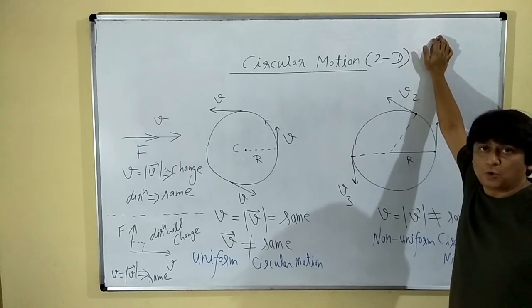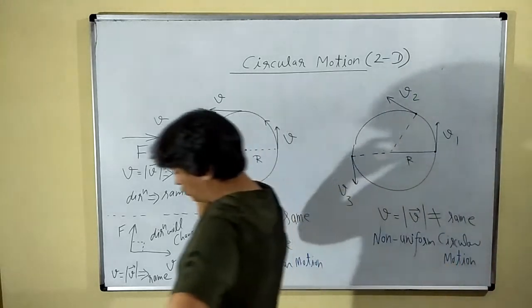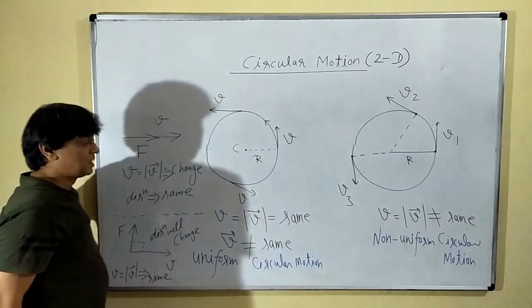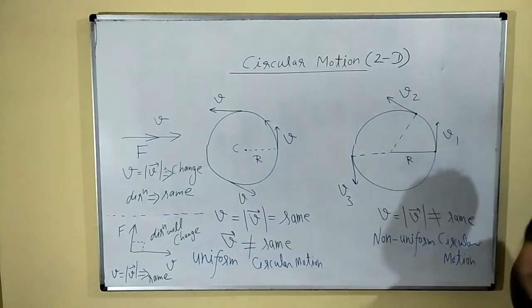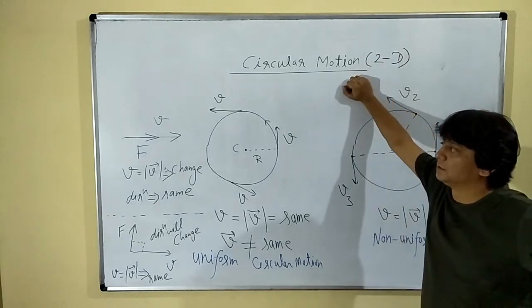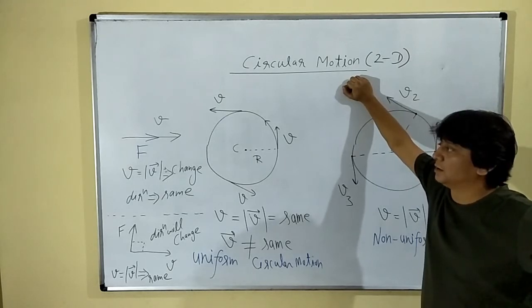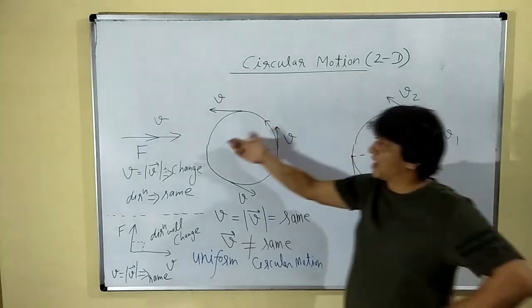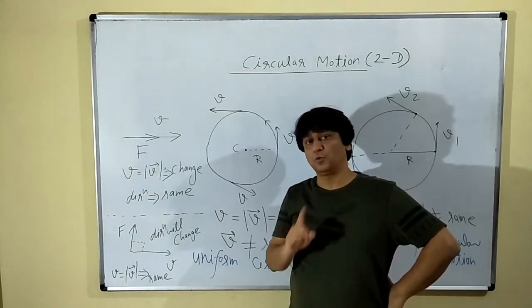There will be no change in the direction, and therefore its path will be one dimensional. अगर आपने डायरेक्शन ही चेंज नहीं किया तो फिर पाथ क्या बन जाएगा? वन डायमेंशनल.